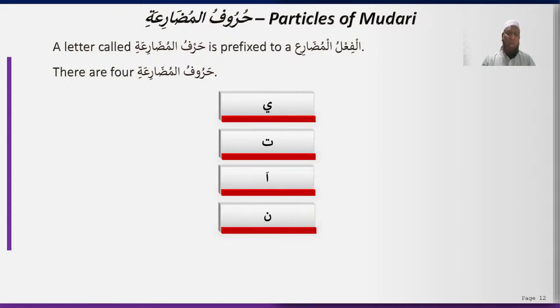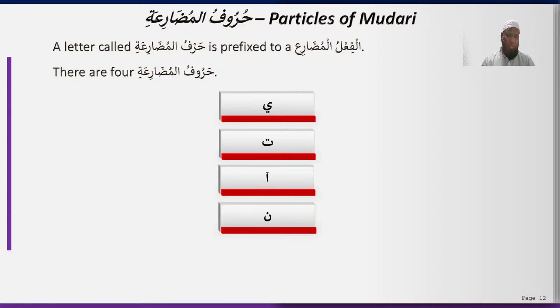So in fi'l mudari, the fa'ul kalima is always sukun. So we add one of these letters before the fa kalima. And these 4 letters are always with a fatha. Sometimes it can be with dhamma.